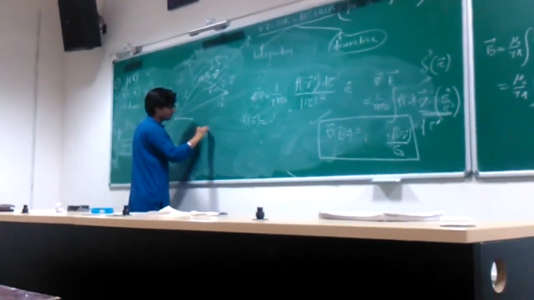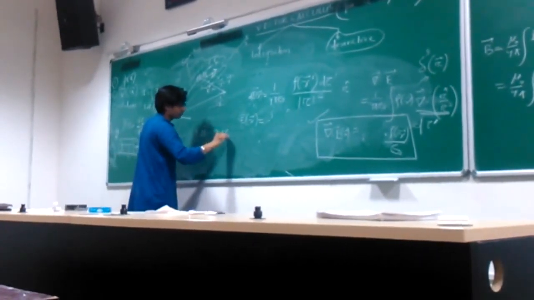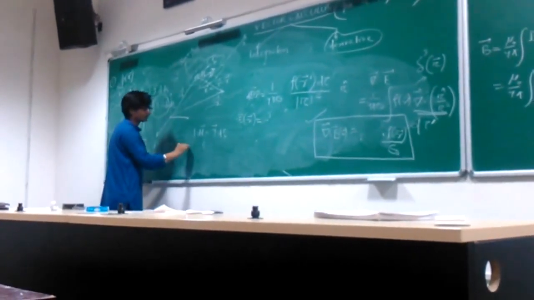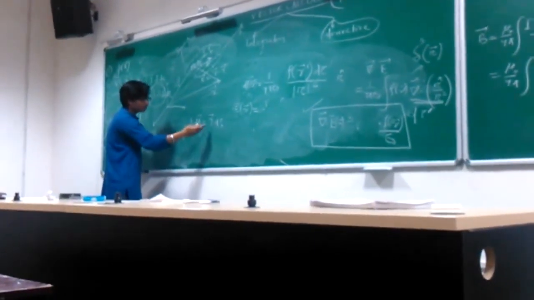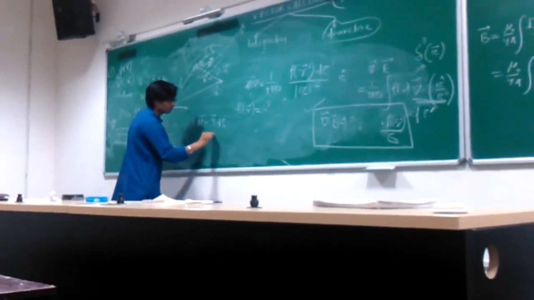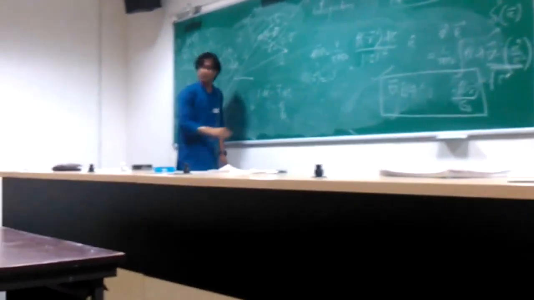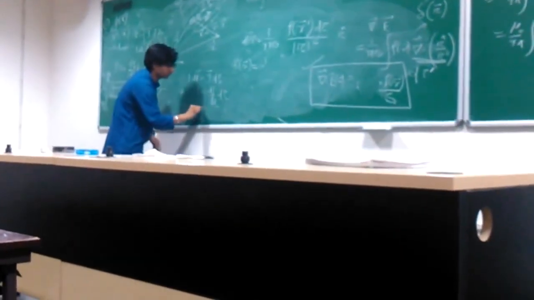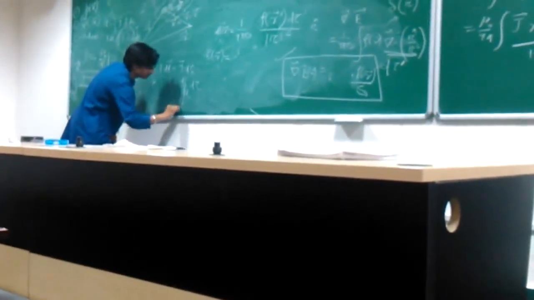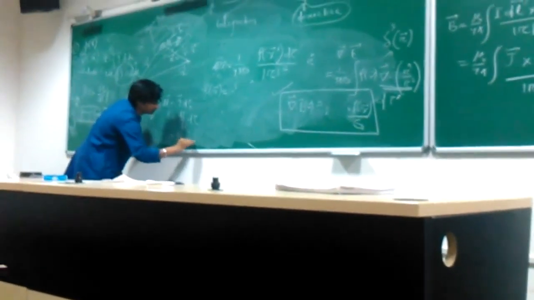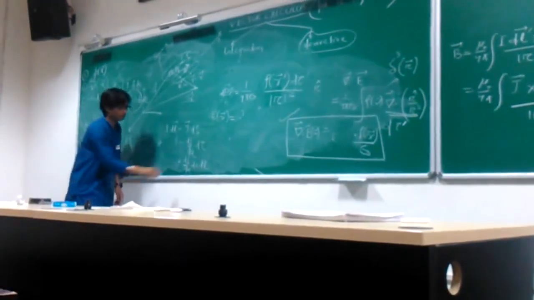I dl should be J dV. Whether it's true or not, let's check. This is equal to dI by dA into dV. This is equal to dI by dA into dA dl.